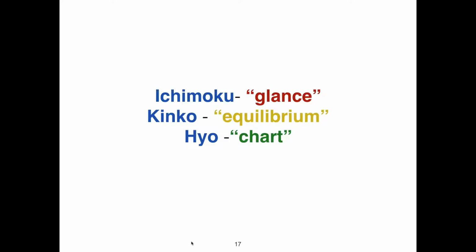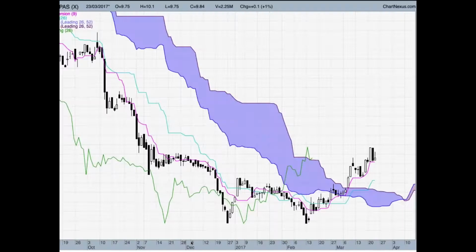So one glance at the Ichimoku chart will give you an immediate understanding of the sentiment based on where prices are in relation to the Ichimoku components. This chart, for example, shows a strong downtrend, and then it shows a strong reversal to the upside. These Ichimoku components warn us that this reversal was about to happen several periods ahead.